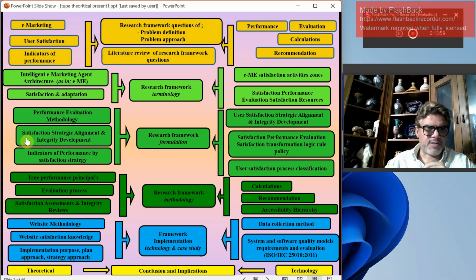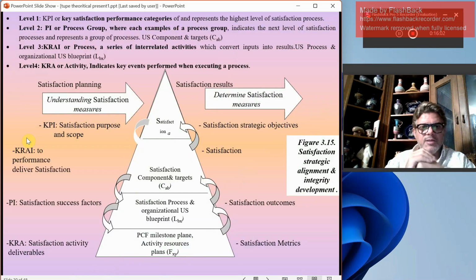Okay, let's see. Now, I'm talking here about, let's see the figure, satisfaction, strategic alignment, and integrity development. Now, here I'm going to use the satisfaction itself. In another slide, we're going to talk about specific user satisfaction, but here I wanted to talk about satisfaction as satisfaction, not too specific.